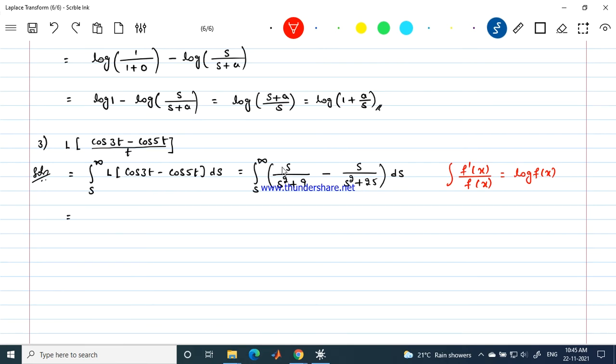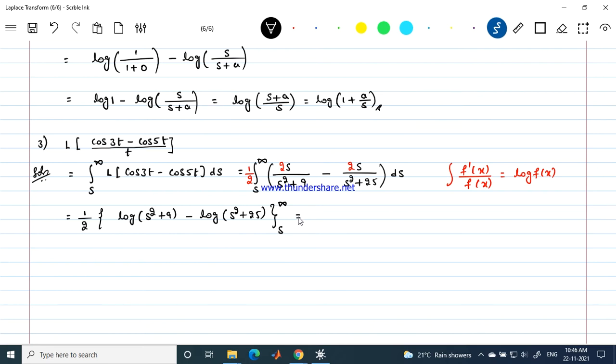To introduce 2 in the numerator, I am just multiplying this whole expression by 2 and dividing by 2. So this becomes 1 by 2 times log of s square plus 9 minus log of s square plus 25, between the limits s and infinity.